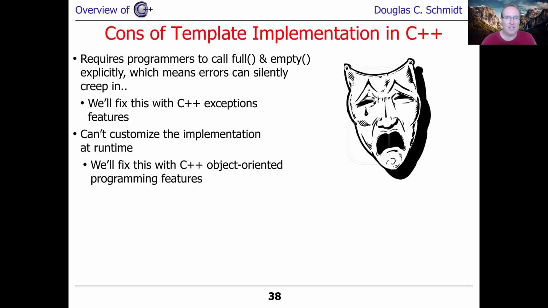We'll talk about this in more detail in a little bit, but bottom line, if we wanted to make changes to the implementation, we'd end up having to recompile and re-implement and possibly break a lot of client code. We're going to show how to fix this using the C++ object-oriented features like abstract base classes and inheritance and dynamic binding. So more sophisticated exception handling and object-oriented programming will be the focus of what we're going to be covering next.